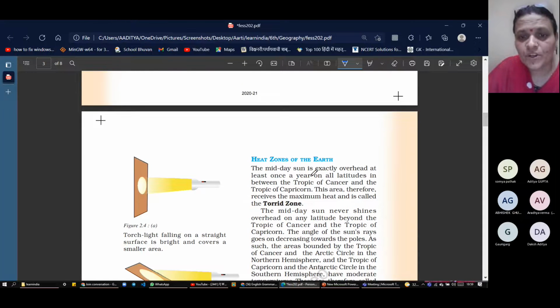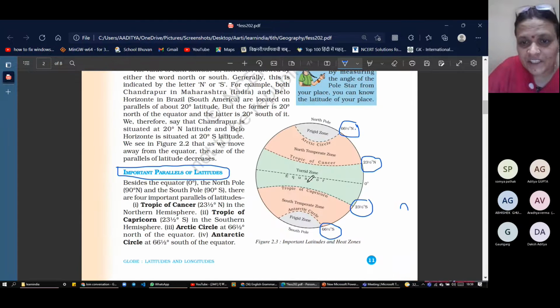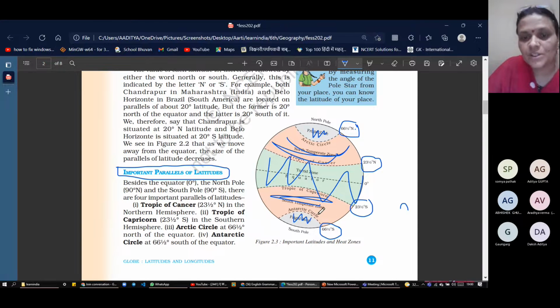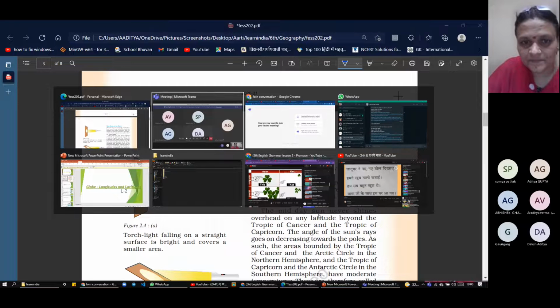Now let us come to the heat zones. These are the zones I was talking about. These are called heat zones. This is one, this is second, and this is third.